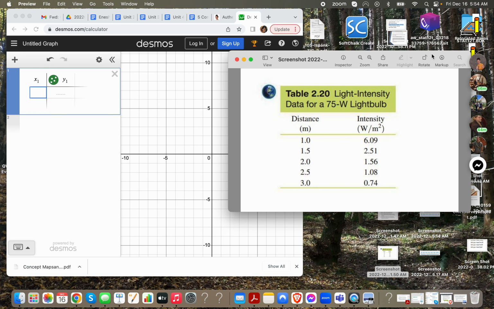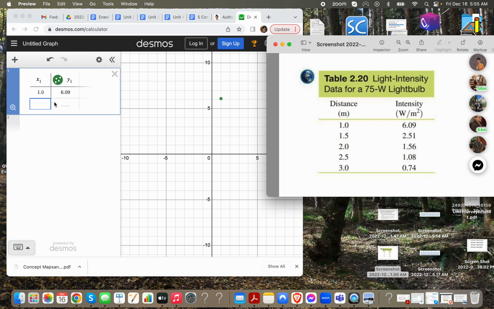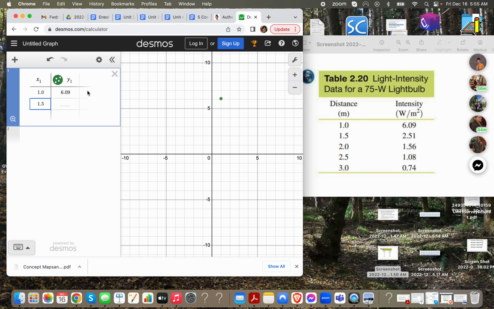And now we can just take the data and we can enter it: 1.0, 6.09; 1.5, 2.51; 2.0, 1.56; 2.5, 1.08; 3.0, and 0.74. Okay, so that's our data.